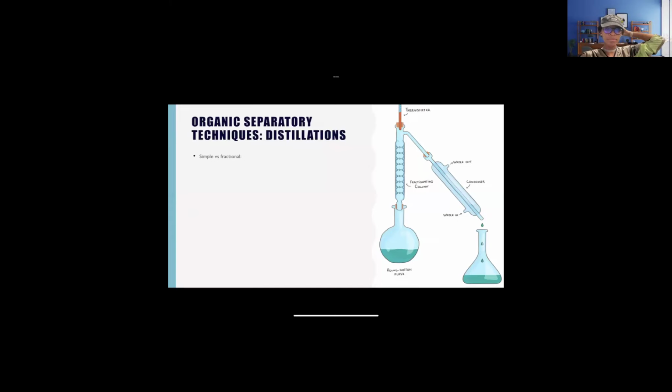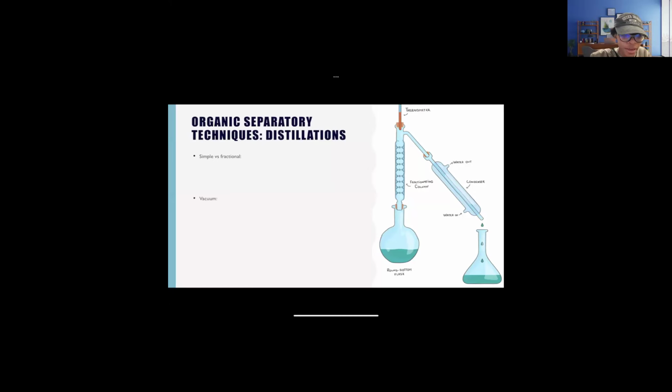Specifically, the rule of thumb tends to be 25 degrees Celsius. If their difference is greater than 25 degrees Celsius, then we'll go for simple distillation. If it's less than a difference of 25 degrees Celsius, then you'll go for fractional distillation. That's because fractional distillation adds a fractionating column, which will further separate them.